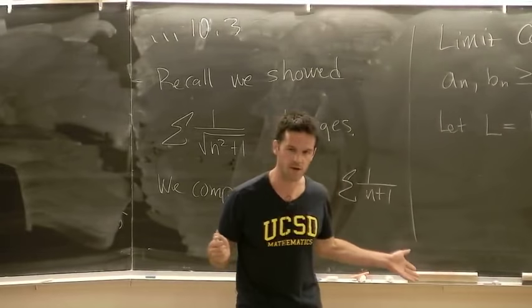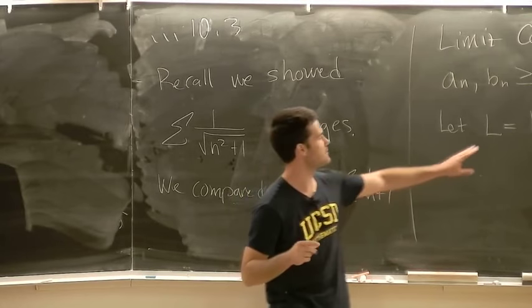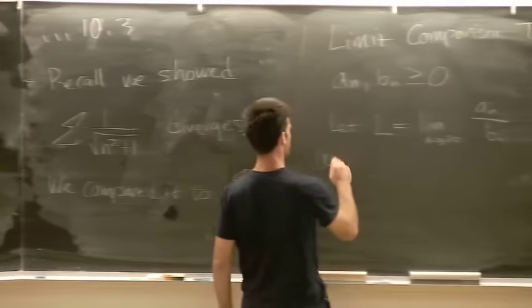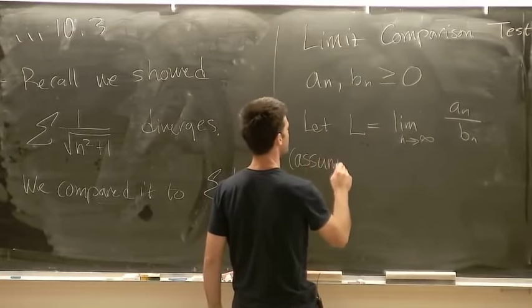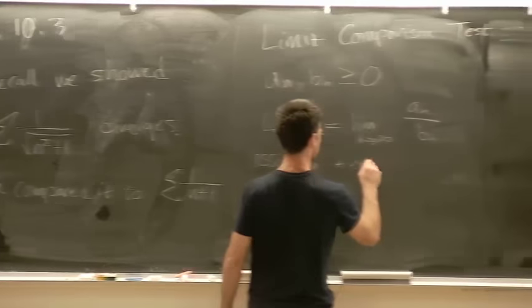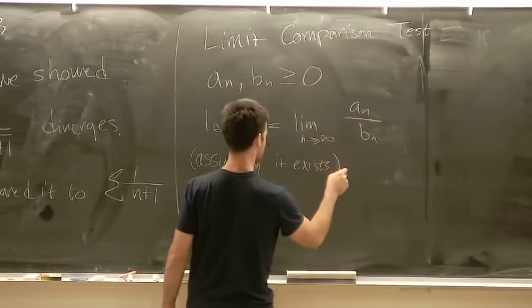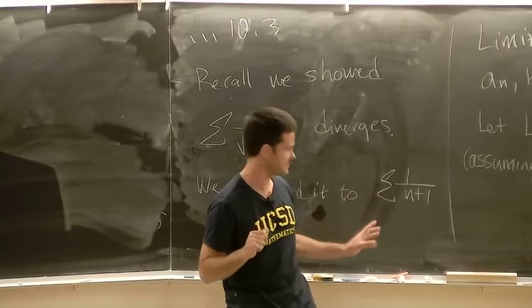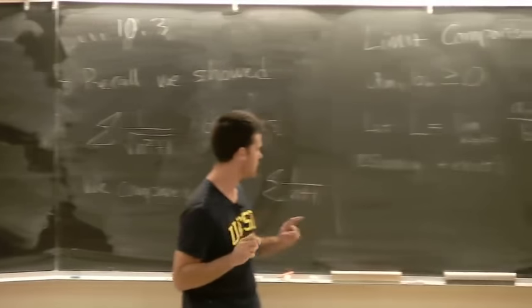And there are three possibilities. Well, first, I'm assuming that this limit exists, and L could also be infinity. So assuming that this limit exists, there are three possibilities.